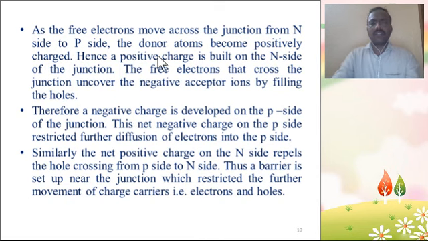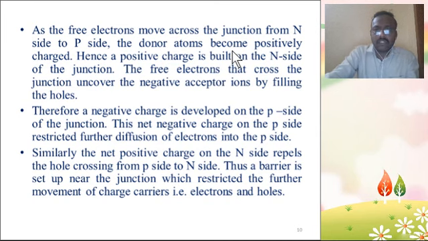Also, free electrons move across the junction from N side to P side. The donor atoms become positively charged. Hence, a positive charge is built on the N side of the PN junction. The free electrons that cross the junction uncover negative acceptor ions by filling the holes.